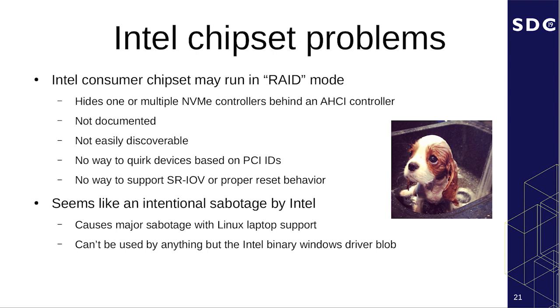So the great idea is you have an AHCI controller on your device, which then hides one or more, I think up to 3, NVMe controllers inside its PCIe BAR behind the AHCI BAR. There is no sane way to enumerate it because it's not documented. All our quirks for the buggy devices I just mentioned, based on the PCI IDs, could never work because they're hiding the PCI ID of the real device.